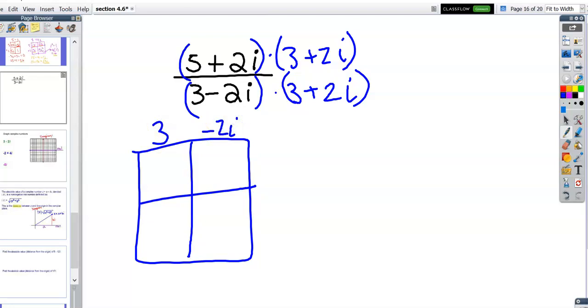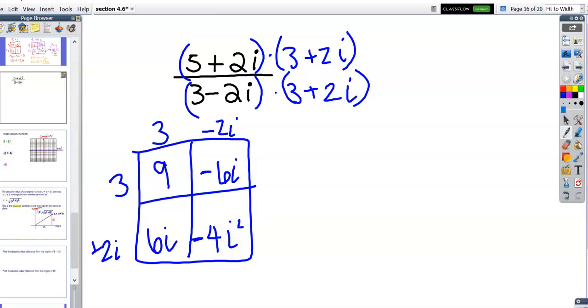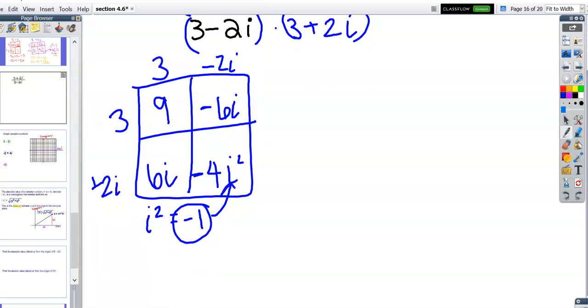One for the numerator and one for the denominator. We should get 9, negative 6i, positive 6i, and then negative 2 times 2 is negative 4. i times i is i squared. i squared equals negative 1. So negative 4 times negative 1, we should be getting positive 4.